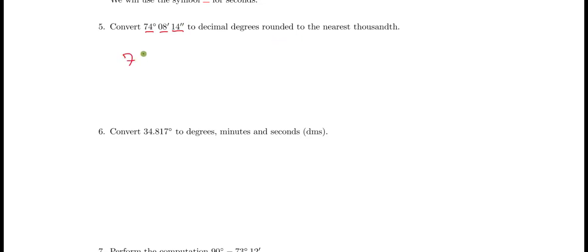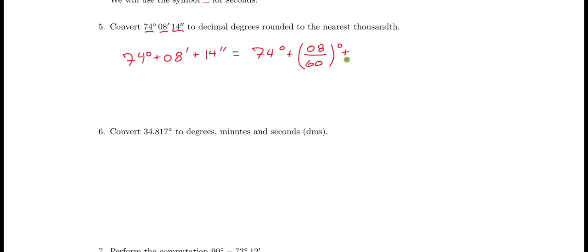So we would say that that's equal to 74 degrees plus 8 minutes plus 14 seconds. Let me get my minute sign going the right way. And just like I did before, I could write this as 74 degrees plus 8 over 60 degrees.